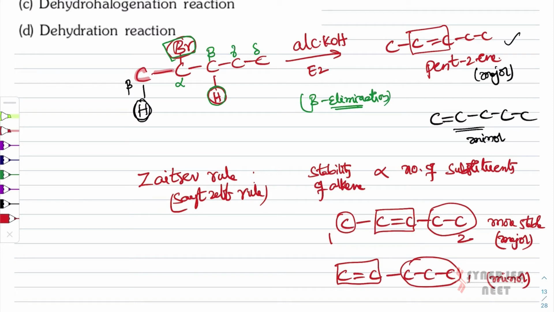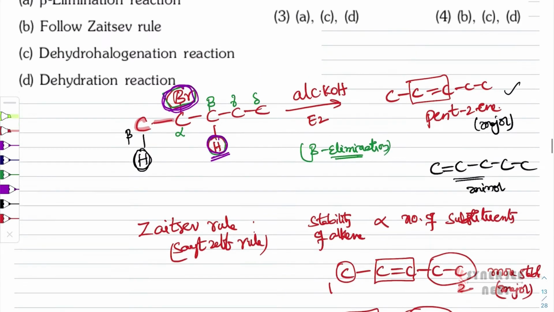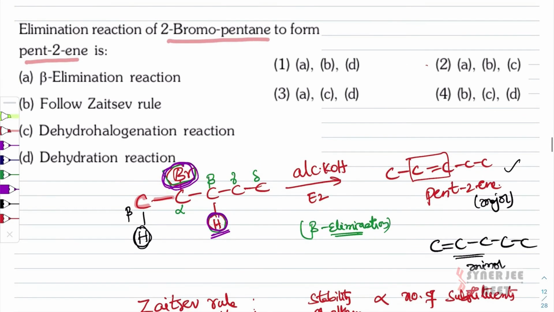And this reaction is called dehydrohalogenation, because in this reaction Br is getting lost and hydrogen is getting lost, so hydrogen and halogen both are getting lost. Therefore this is called dehydrohalogenation reaction.